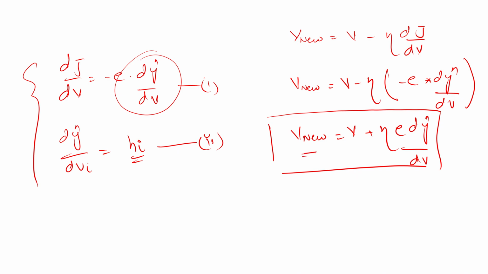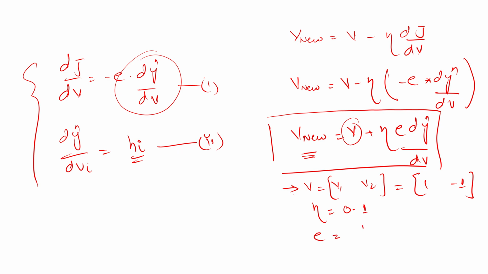How do we obtain v new? Because we know the values of v, which are v1, v2. If you recall, we assume these values as 1 and minus 1, right? And after that, eta we have to tune, so I will choose 0.1. E, we already derived, was 1.0751.